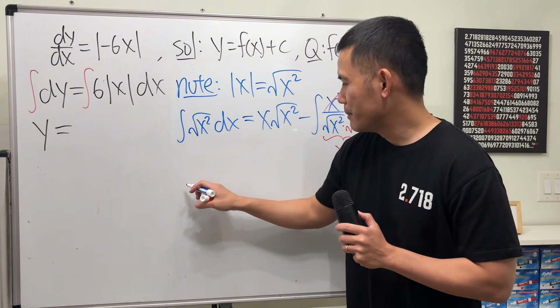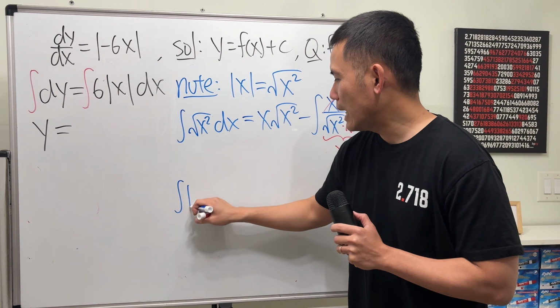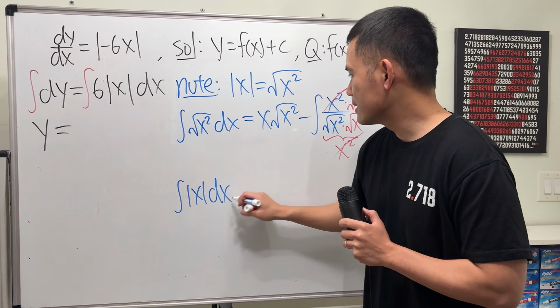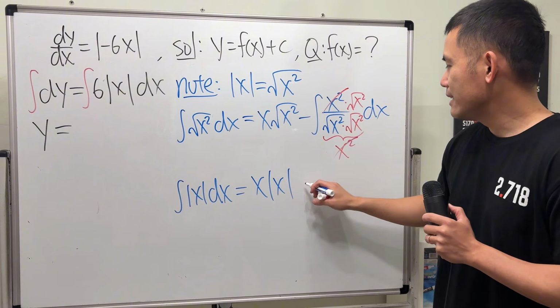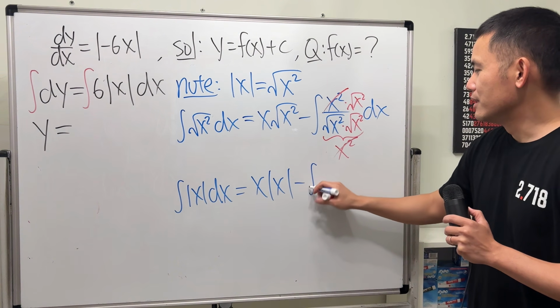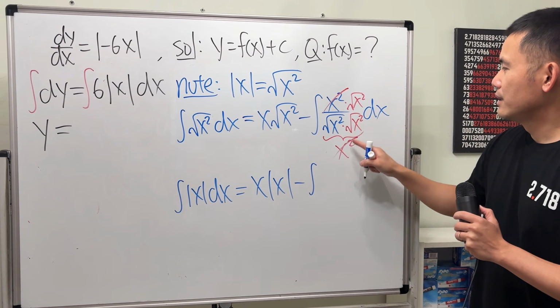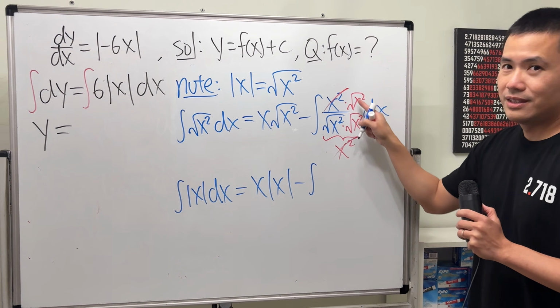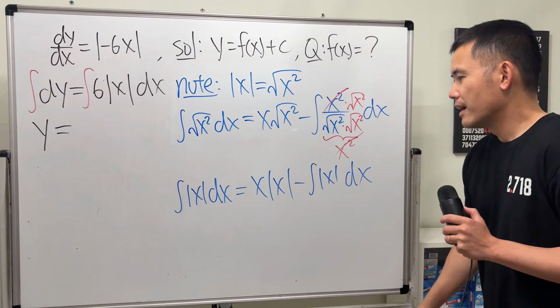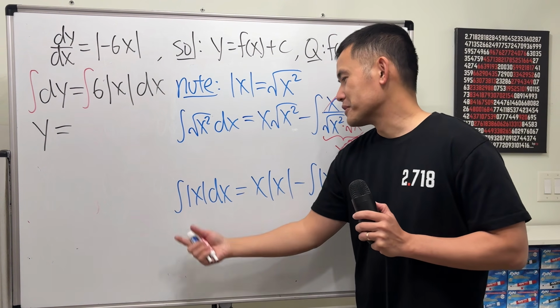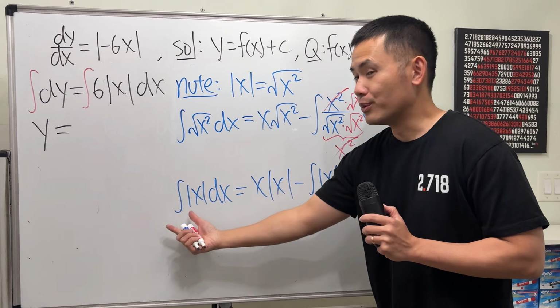And now, let me rewrite this as the integral of absolute value of x dx is equal to x absolute value of x minus, this is really the same as the integral of just this right here, right? Just this, which is absolute value of x dx. This and that are the same. Let me add this to both sides.